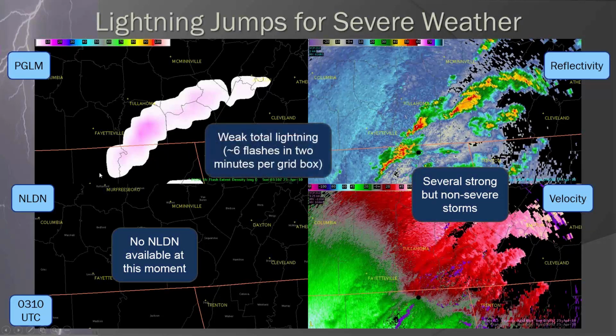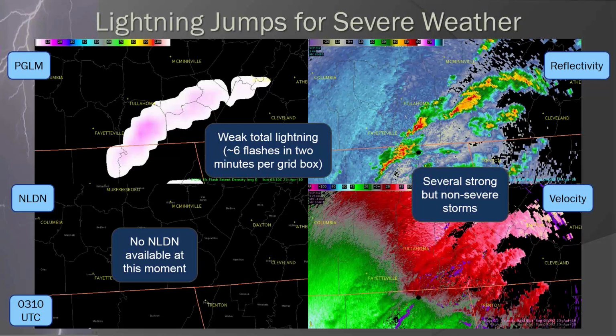Since there are no cloud-to-ground observations in the NLDN, the demonstration GLM data is showing simply intracloud flashes. We see the spatial extent, how the lightning covers multiple locations, but the density, the number of flashes per grid box, is no more than about 6, covering a 2-minute accumulation. So this is clearly a sub-severe situation right now.